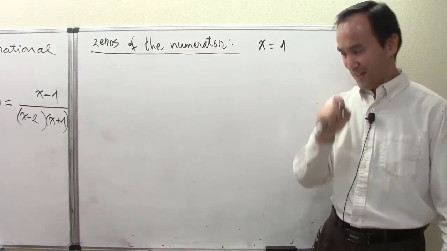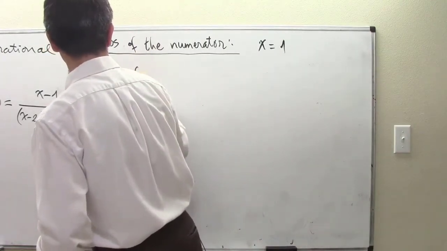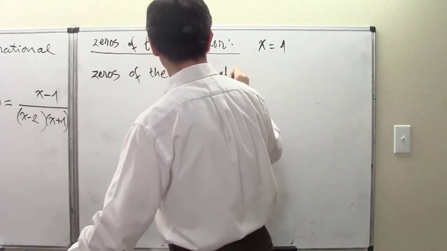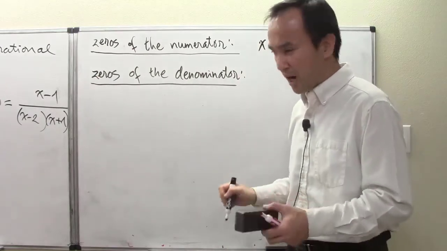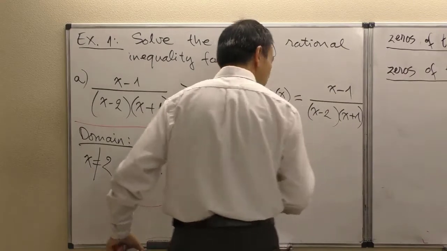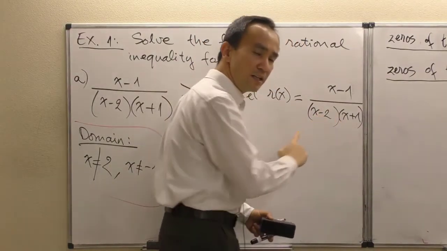All right, let's advance to now all zeros of the denominator. For the denominator, in the most simplified form of the rational function here, we found two distinct linear factors.